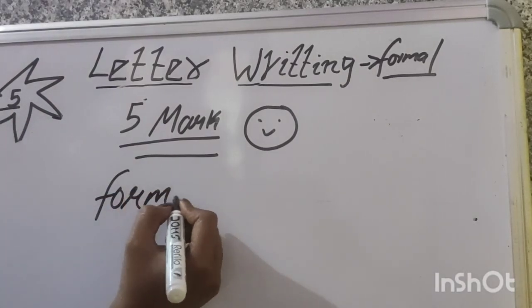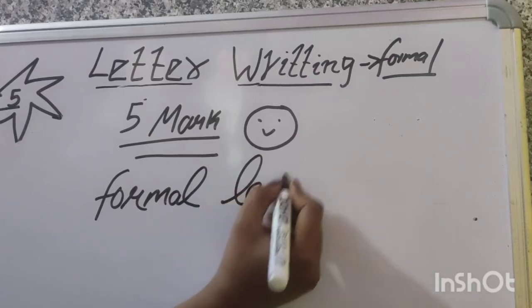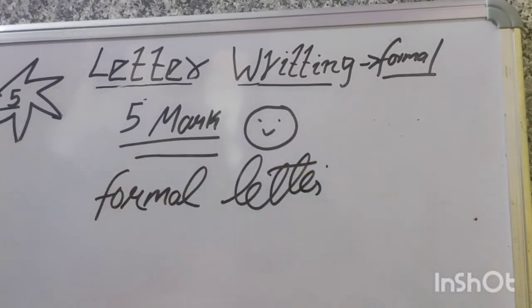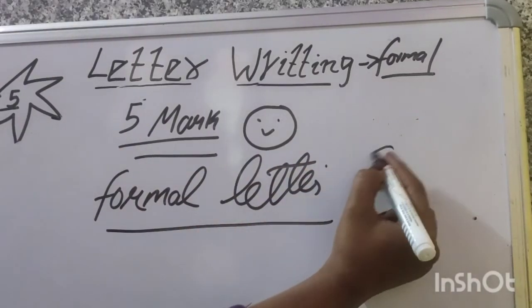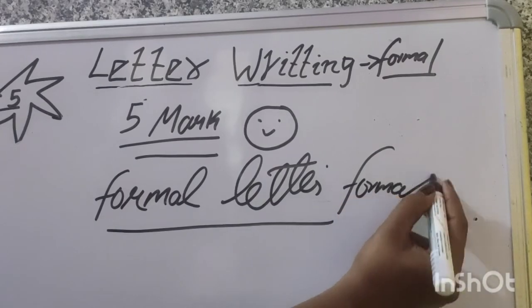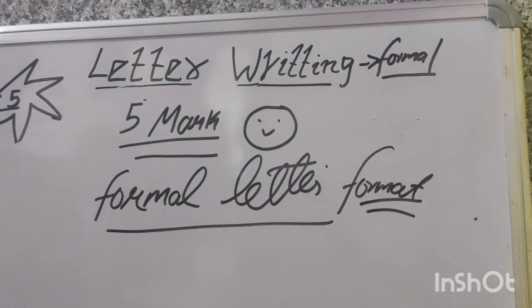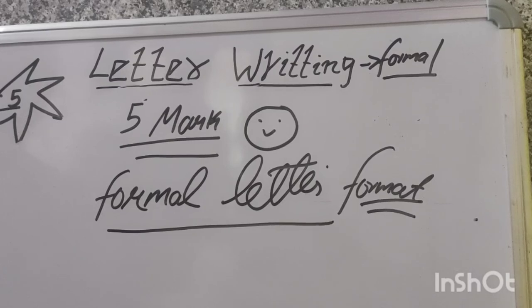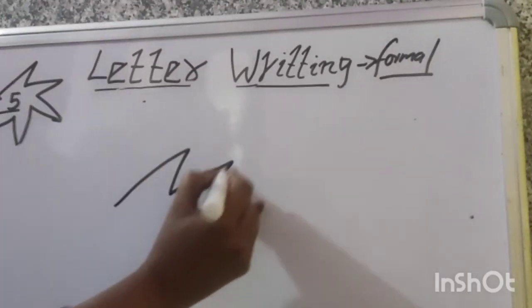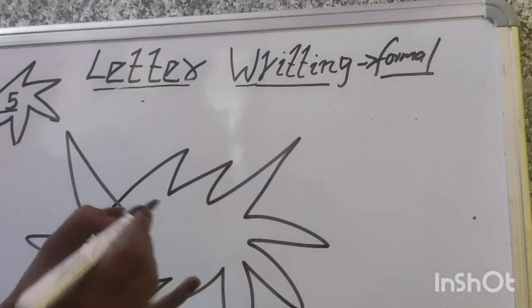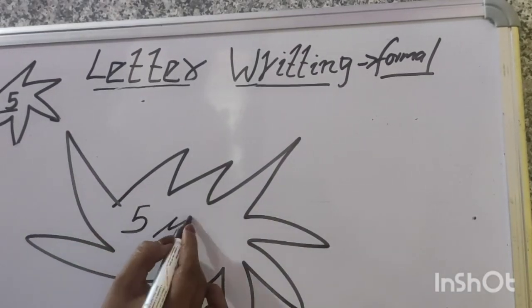Try to write the correct spellings and try to write neatly. Okay, so this is all about the formal letter with a format, with 3 rules. So yeah, this is the end, and finally we are ready to get a 5 mark.